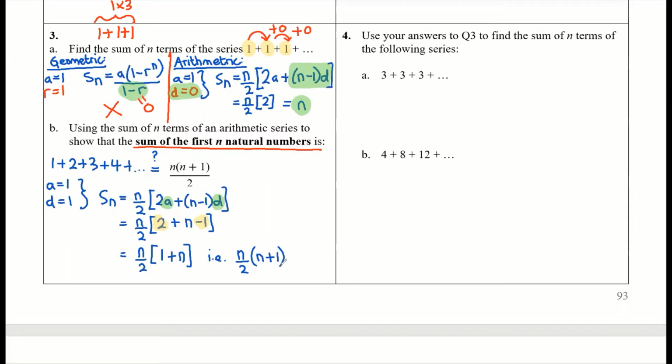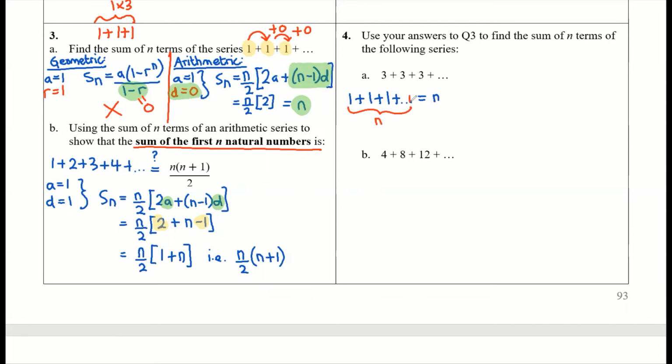Okay, moving on to question 4. We're going to use these results from question 3, okay, to find the sum of n terms of the following series. All right, well, remember the result from part A. We know that if we take 1 plus 1 plus 1 plus some more terms, we're going to get n if we're summing over n terms.